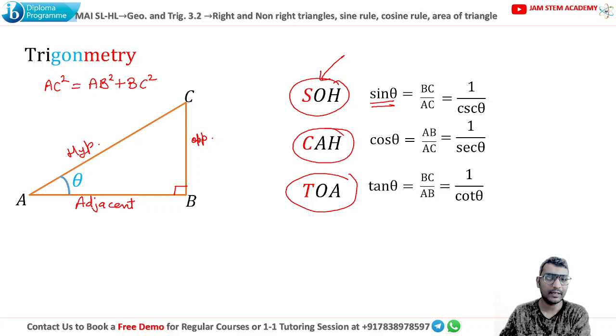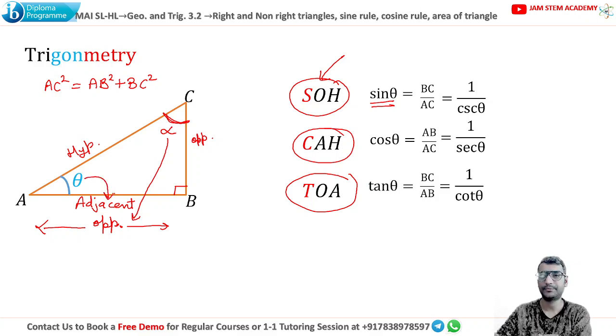But if we are talking about the angle C, let's say this one is alpha, then for this alpha angle, AB is going to be the opposite. Remember this. For the theta angle, AB is adjacent.